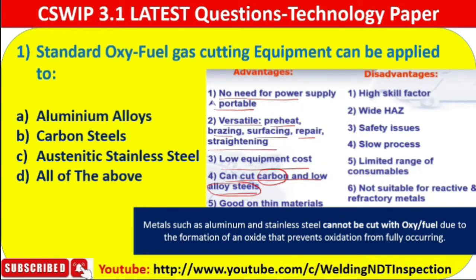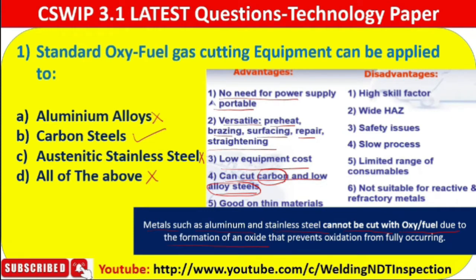So the option aluminium alloys, no. Austenitic stainless steel, no. Carbon steel, yes. All of the above, no. The actual reason metals such as aluminium and stainless steel cannot be cut with Oxy-Fuel is the formation of oxide.